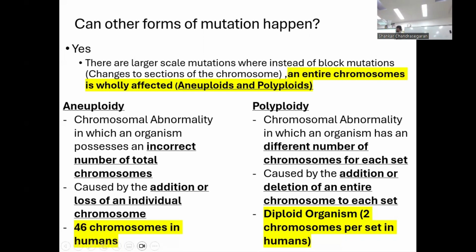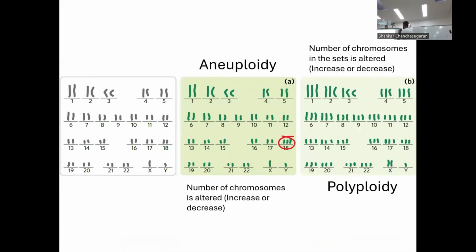So aneuploidy is talking about the total number of chromosomes within the organism being changed, whether increasing or decreasing. Polyploidy is talking about whether the number of chromosomes per set is different, if they suddenly have 3 chromosomes for each set instead of 2, or 1 instead of 2.